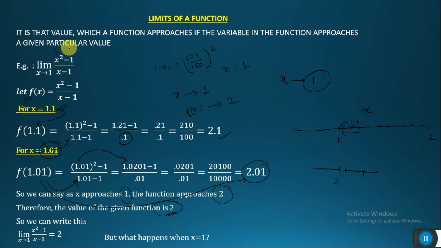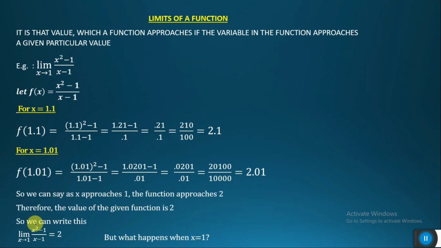This is 1 minus 1, which becomes 0, and this one, 1 minus 1, also becomes 0. But I am saying this is 2. How can this happen? 0 by 0, but here we are getting 2. Let's see what happened here. We'll tell you, but slowly.